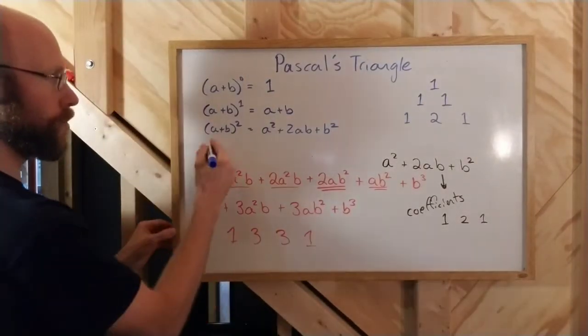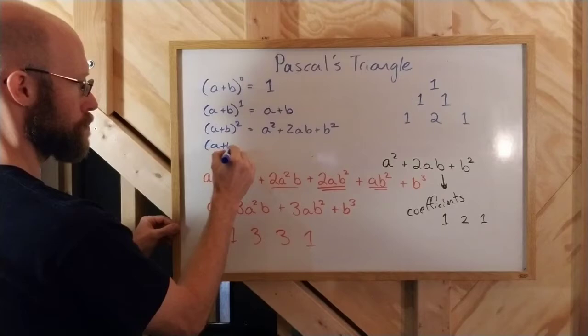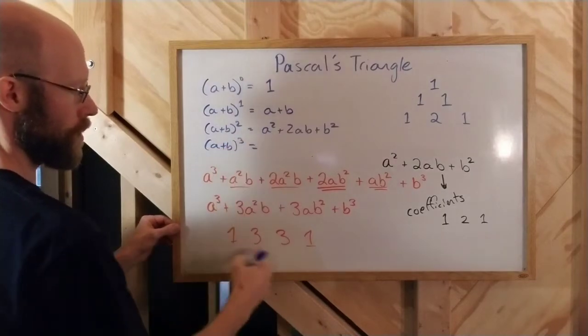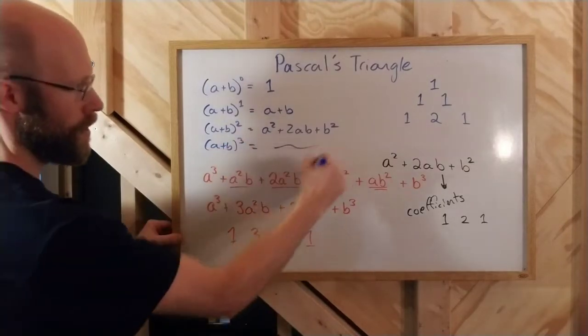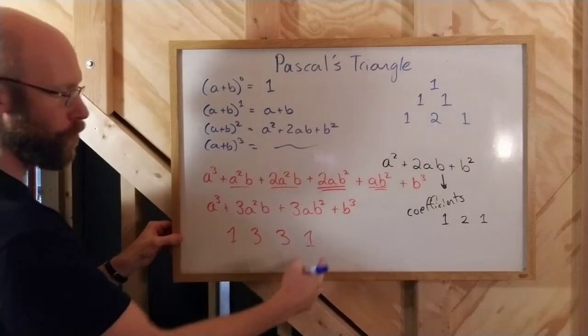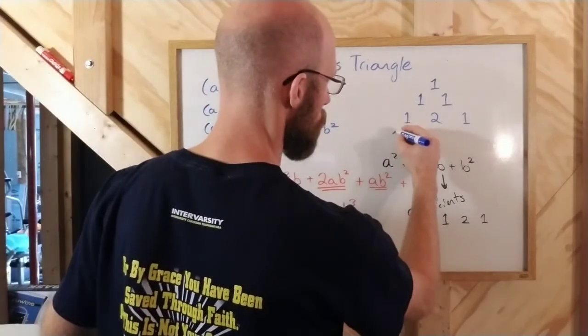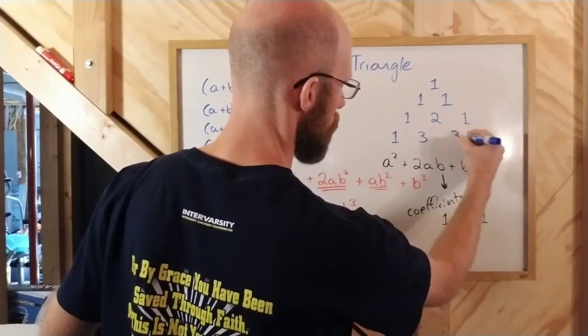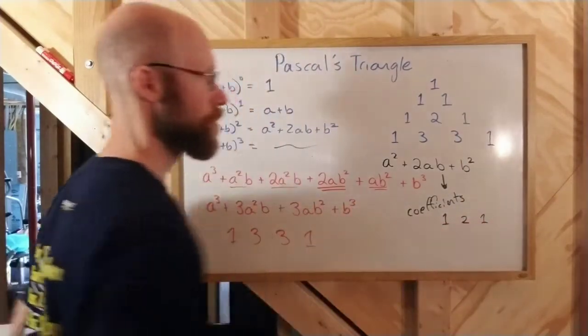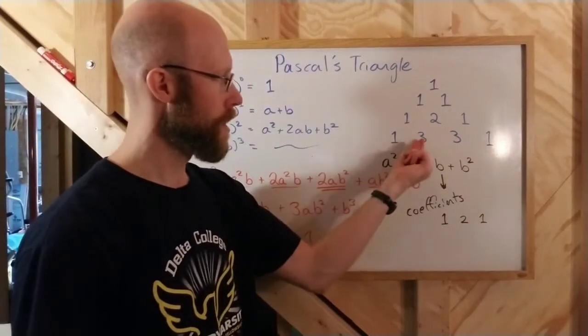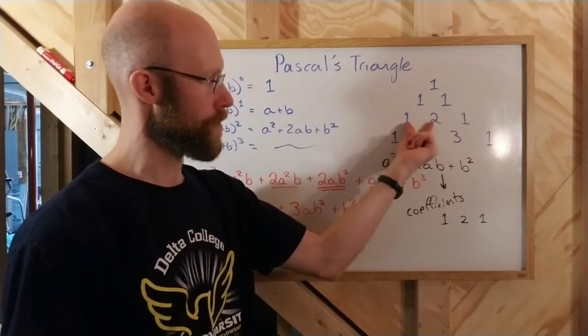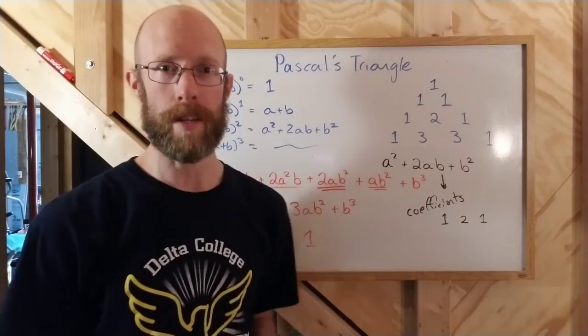If I take the third one, if I did a plus b to the third, I already know what that is. I'm not going to rewrite it. But it's 1, 3, 3, 1 are the coefficients. So 1, 3, 3, 1. And notice again, 1's on the outside. The 3's are the sum of the 2 numbers immediately above it. Okay?